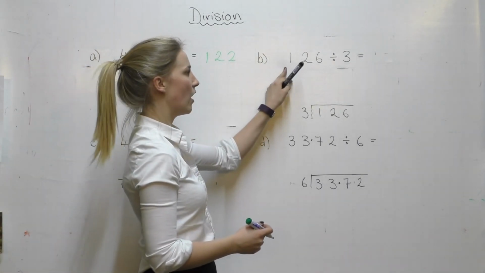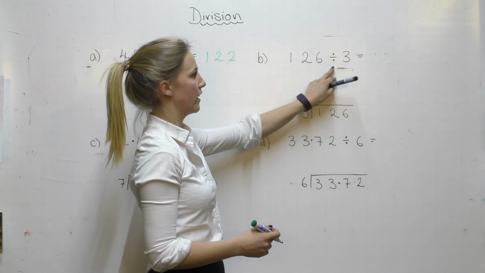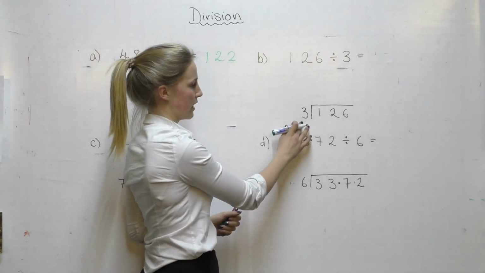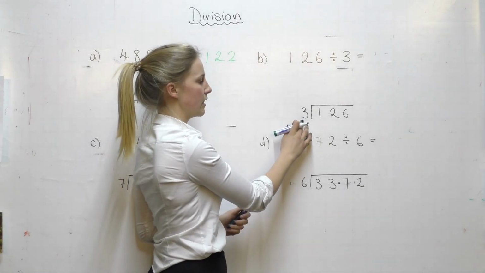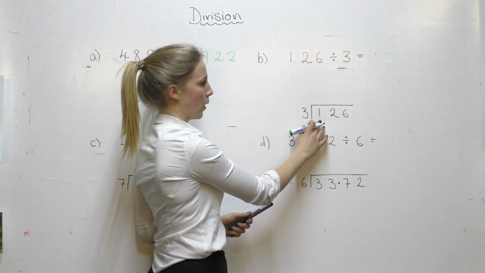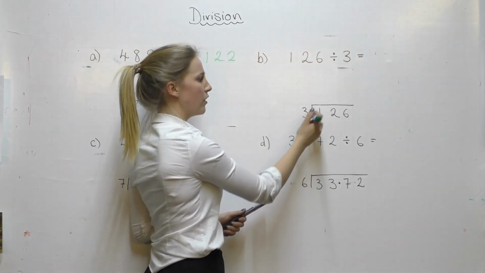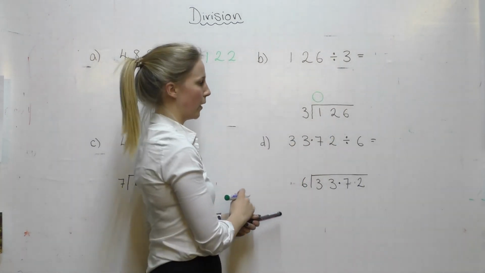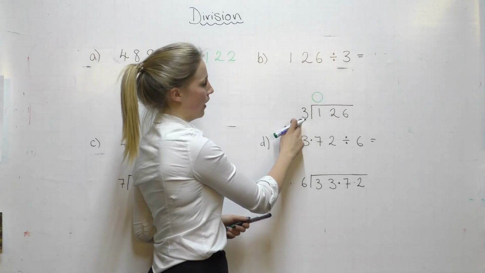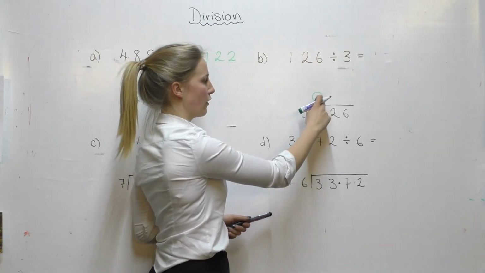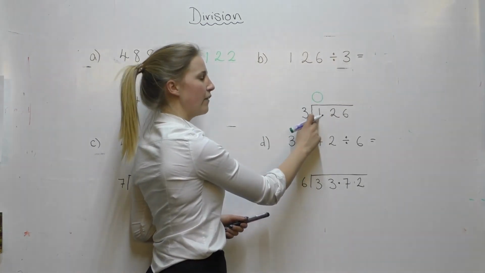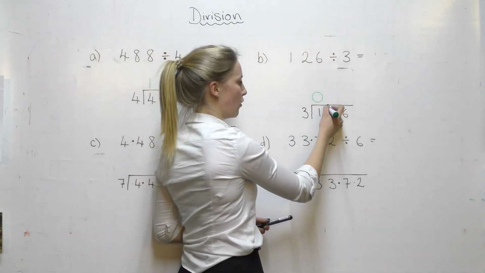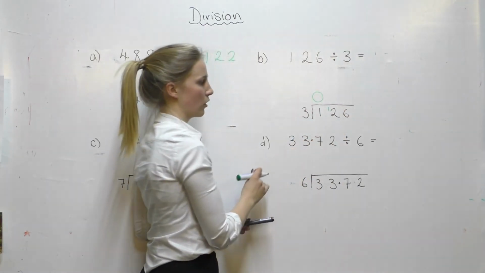Looking then at 126 divided by 3. Again, the first question I'm asking myself is, how many 3s are there in the number 1? Well, there's absolutely no full lots of 3 in the number 1. So I've said that there's no lots of 3 in 1, and I've used up nothing from my hundreds column, so I'm going to take that over into my tens column.